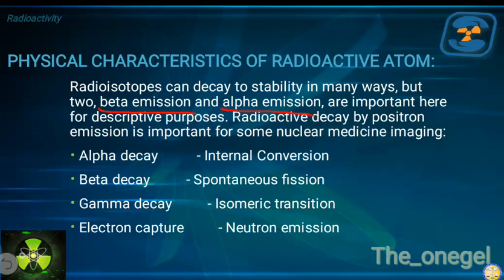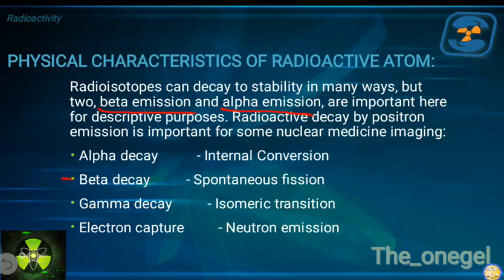So radioactive decay by positron emission is also important for some nuclear medicine imaging. Okay? So, for example, kasi baka ma-assign kayo sa nuclear medicine department, may mga tinatawag dong mga radioisotope na purely beta emitter. At least you know what is beta emitter. Meron din namang both gamma and beta emitter.